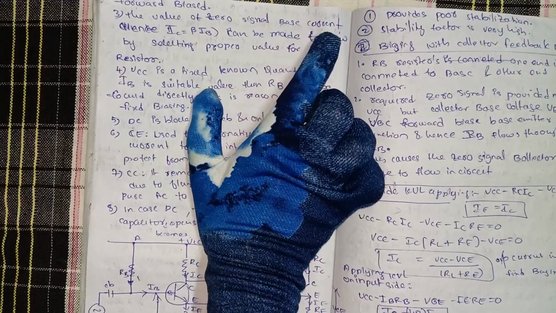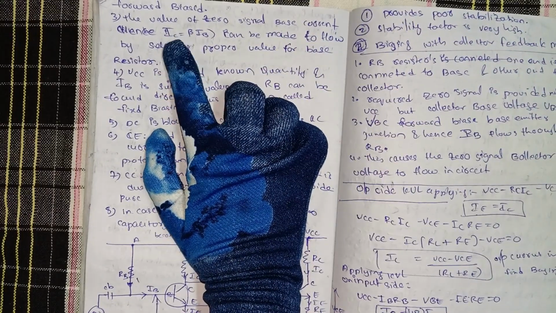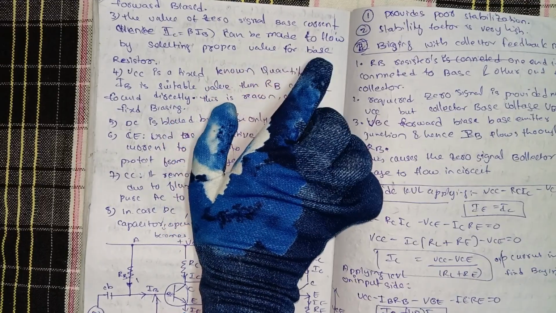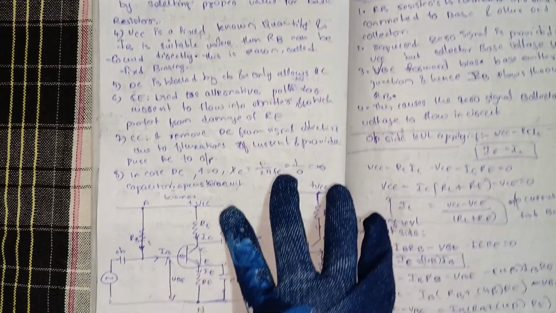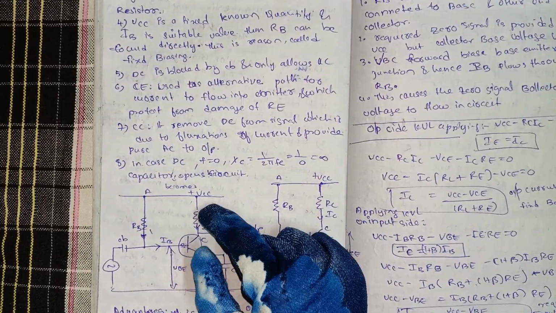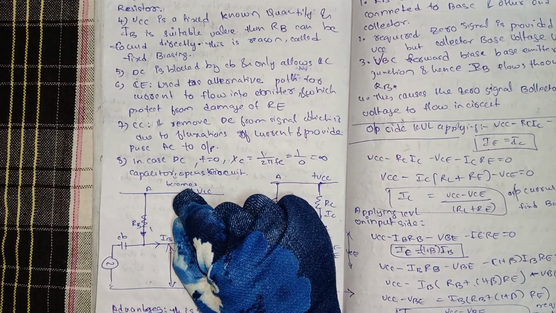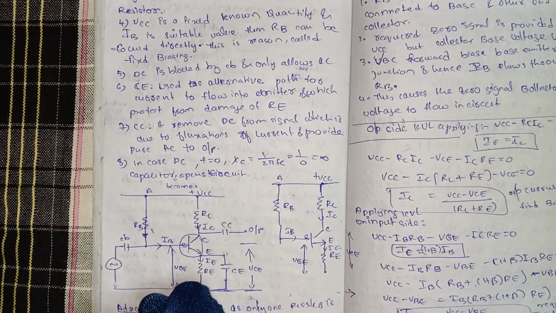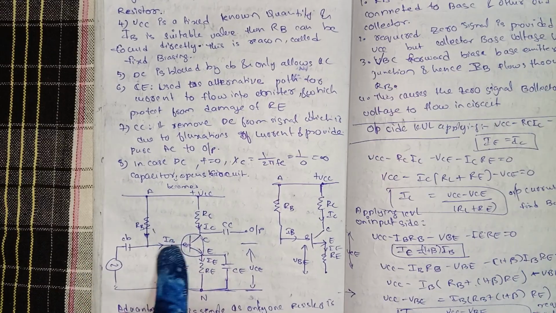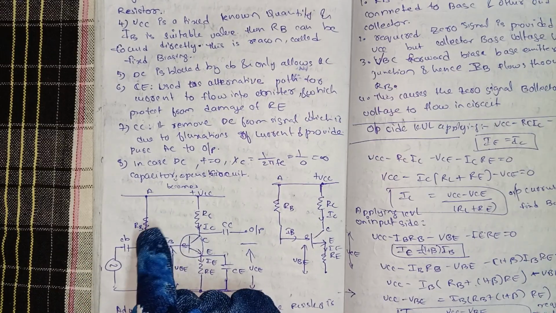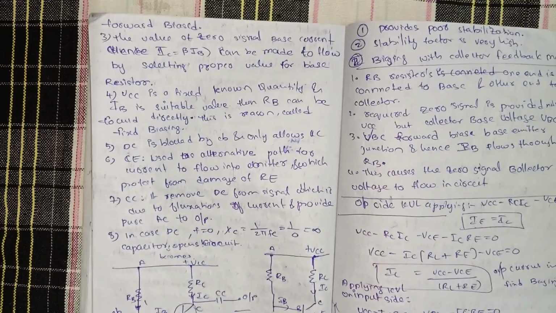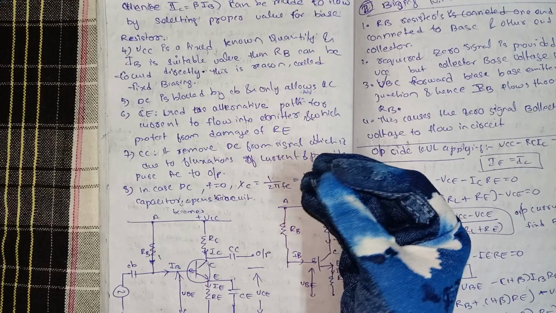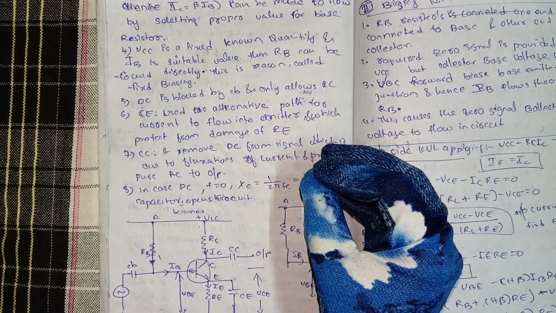The value of zero signal base current, and hence collector current, can be made to flow by selecting a proper value for the base resistor. It should flow from here, not from here, and current will always choose the low resistive path.